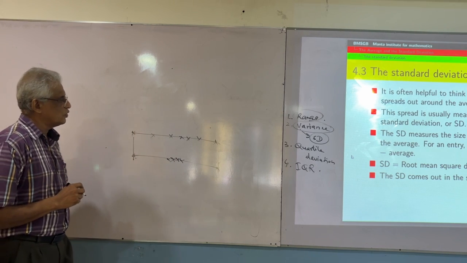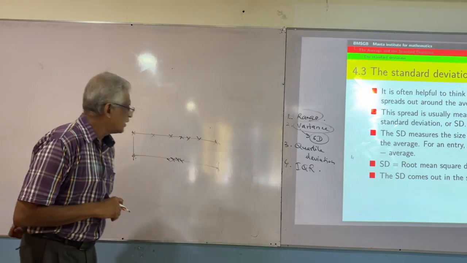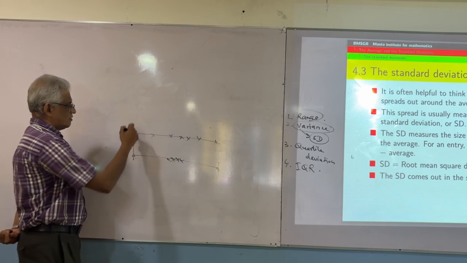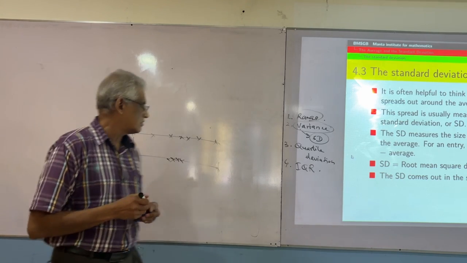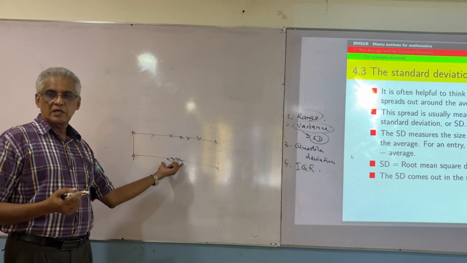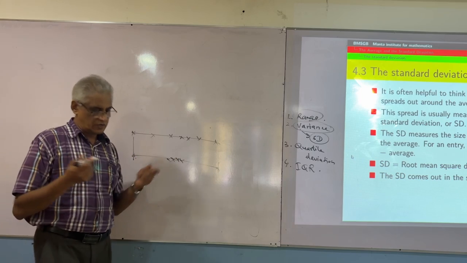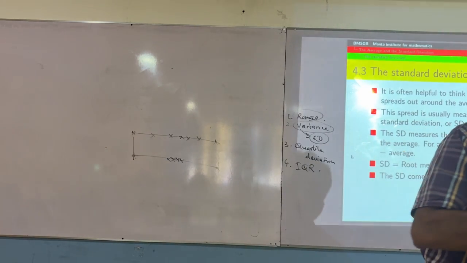So if you use the range as a measure of the spread, you get the same value. Same spread. But of course you can see that the spread is not the same. Here these data are somewhat uniformly distributed in that range. Here they are distributed very close to that. So therefore we can see very clearly range is not a very good measure of the dispersion of the spread.